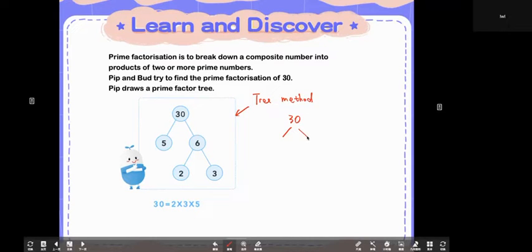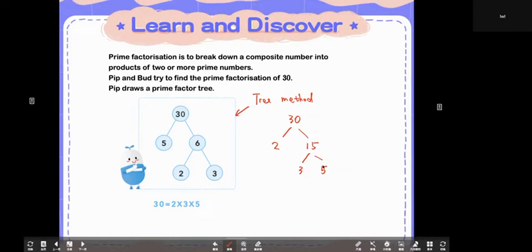In this tree method, we can divide 30 by 5 and 6. 5 is a prime number. Or, since 30 is an even number, we can use 2, which is a prime number, to divide 30, and the other one should be 15, right? And we should continue to use prime numbers to divide 15, and we should have 3 and 5.